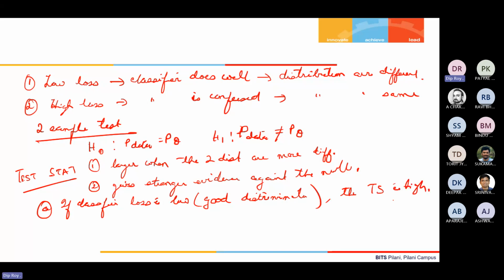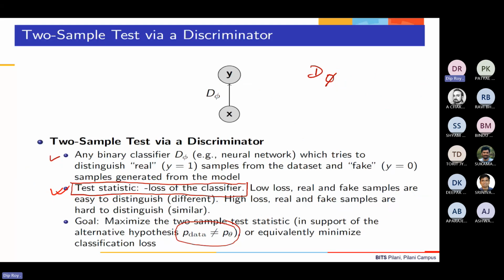Okay, and the evidence is that the distributions are different. And the other case is that if the classifier loss is high, it means that it is a bad discriminator. The test statistic is low. And it means that the samples are not different, right? So that is the reason why we need this.